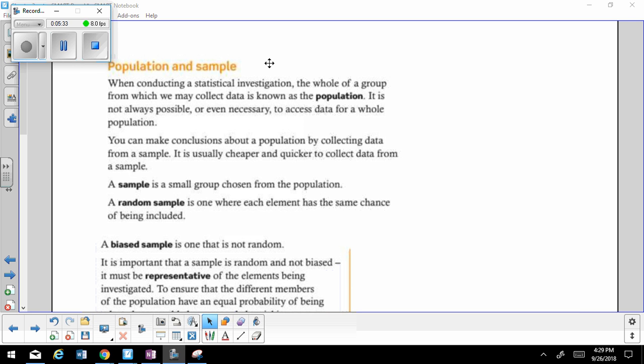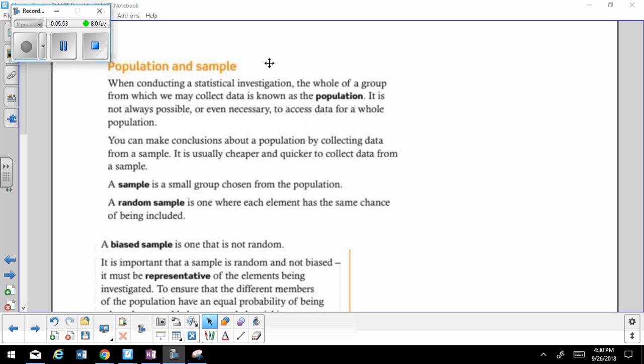Your sample are the people that you actually measure from that population. And then a random sample is making sure that the people that you choose were random. Like you didn't just pick everybody with brown hair. You made sure that you were randomly collecting your data.